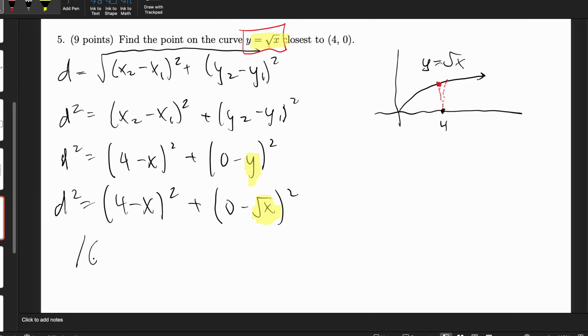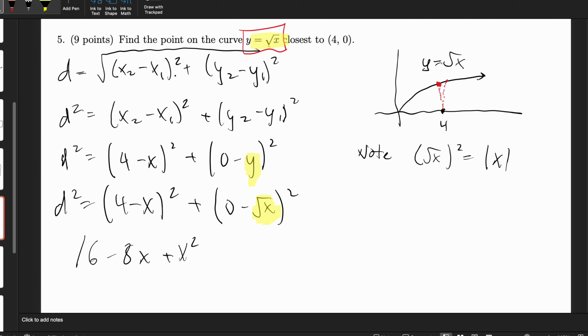This becomes 16 minus 8x plus x squared plus, so let's see, 0 minus the square root of x is just negative square root of x squared. That would typically be the absolute value of x. So let me just write a note here. Square root of x squared is actually the absolute value of x.